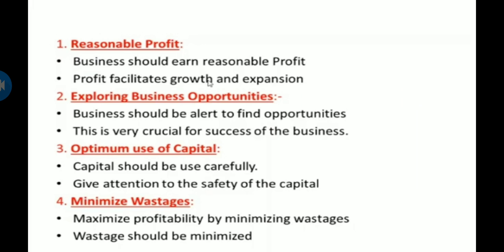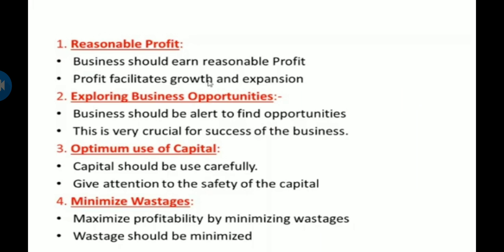Then second is exploring business opportunities. Business opportunity is the scope available for a business unit to expand, grow and diversify. Businessmen should be alert to find and explore such opportunities as they are crucial, that means important, to the success of business.